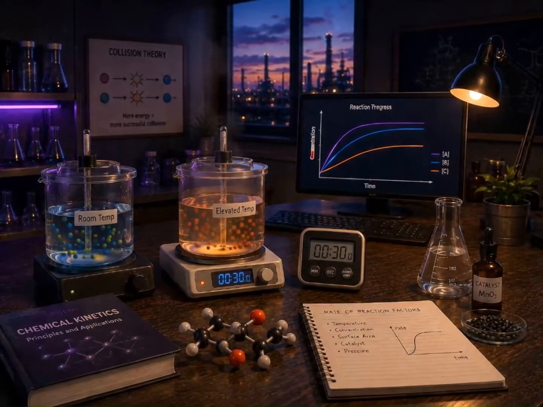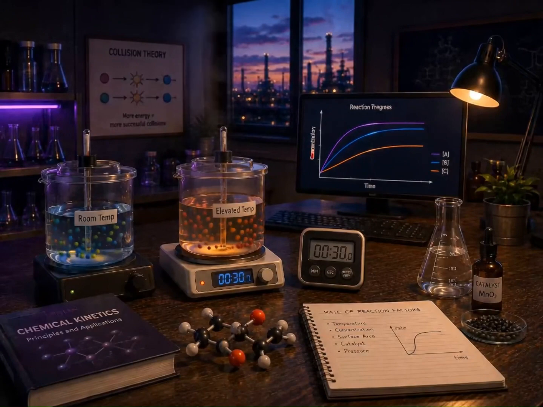Now let's move to temperature. Temperature has a strong effect on reaction rate. When temperature increases, particles have more kinetic energy. They move faster. Because they move faster, they collide more often. But even more importantly, a greater proportion of particles now have energy equal to or greater than the activation energy.